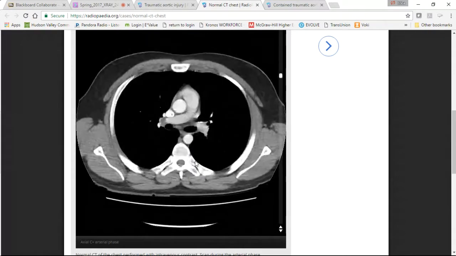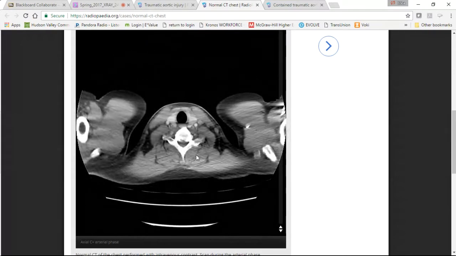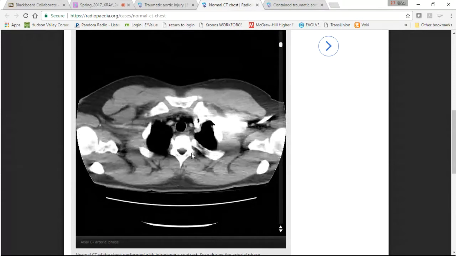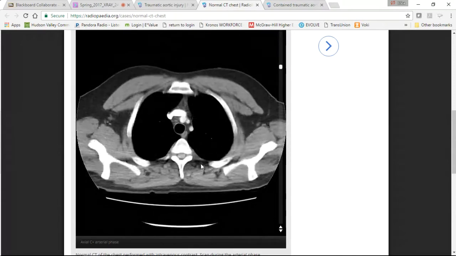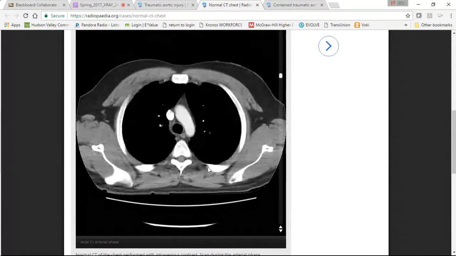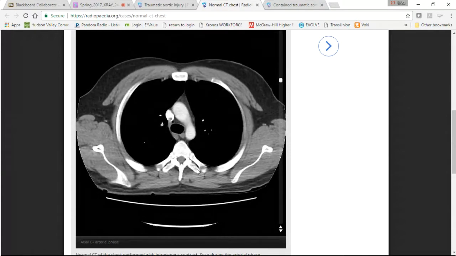All right, let's go back up to the top, and now let's look at the joint spaces. Find a good slice here of our rib. Here's a good one right here. This is the posterior articulation of the rib with the thoracic spine. You have the body, the transverse process, and then our articulation here.